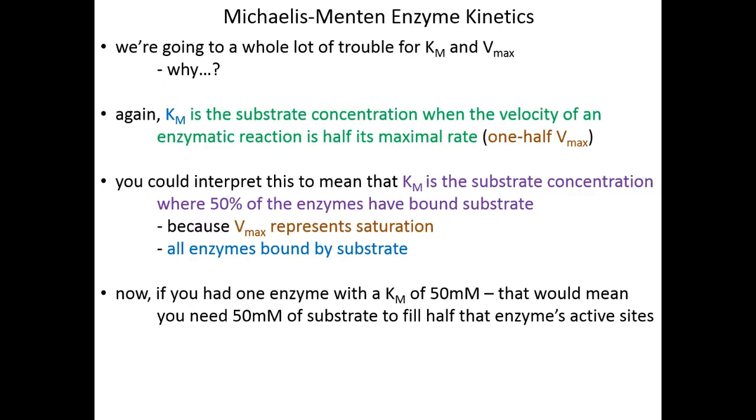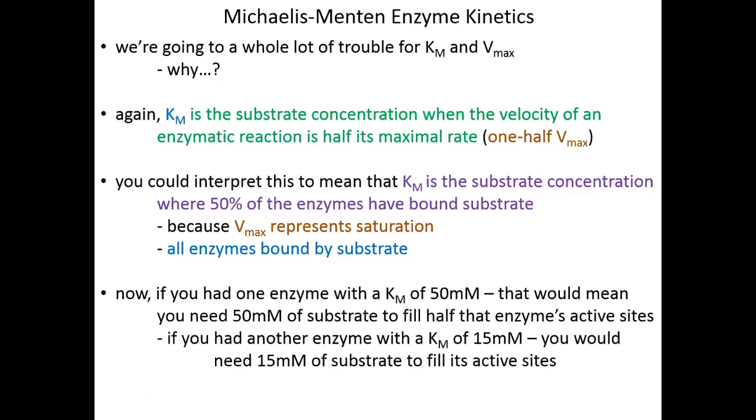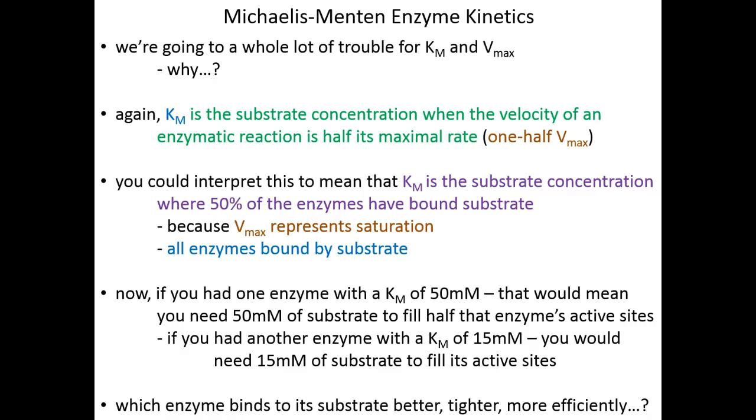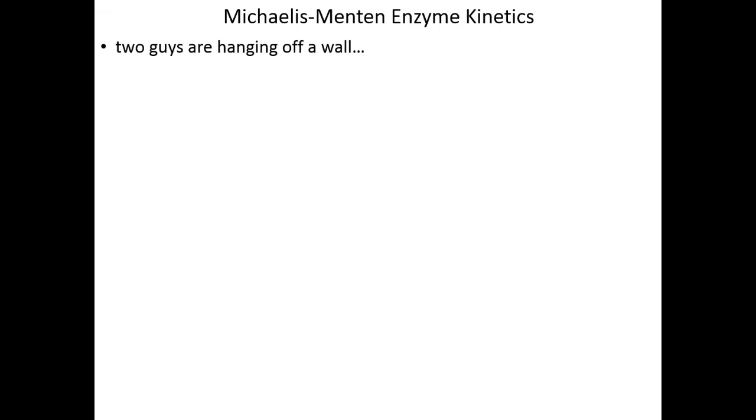That would mean you need a concentration of 50 millimolar substrate to fill half of that enzyme's active sites. The other enzyme has a Km of 15 micromolar. That would mean you need 15 micromolar of substrate in order to fill 50% of that enzyme's active sites. What we're really asking here is which enzyme binds to its substrate better, more tightly, and more efficiently.